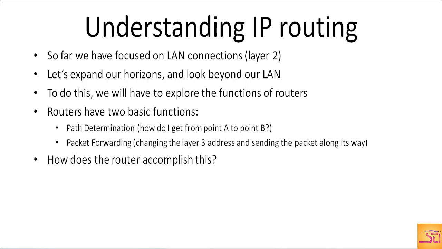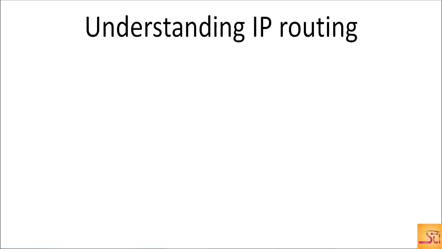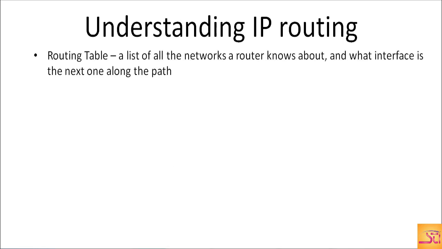So, how does a router accomplish its path determination functions? Well, it uses what's called the routing table. And essentially, the routing table is just a list of all of the networks that a router knows about and which interface is the next one along the path. Now, for most of the labs we're going to do in ICND1, the routing table will be very simple because most of our routers will only have two interfaces on it.